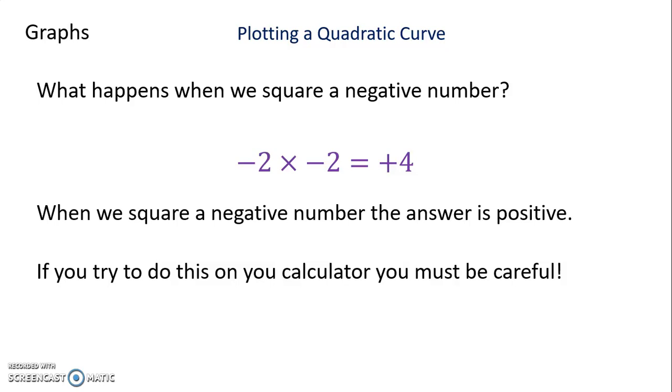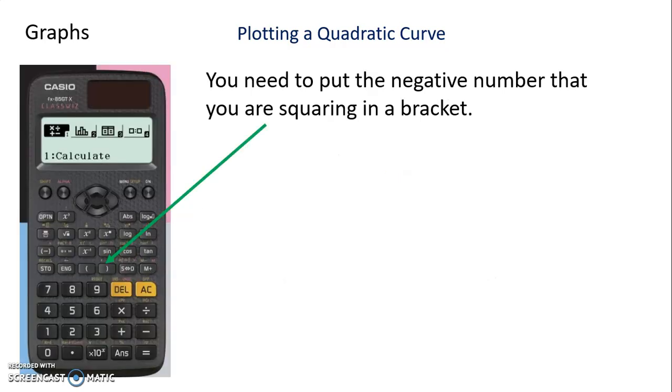Now, if you square a negative on a calculator, you've got to be really, really careful. And we're going to talk that through as well, because this is going to be really useful for plotting later on for our calculations. When you're squaring a negative number on a calculator, you need to use a bracket or a pair of brackets to put round your negative, and then use the square button.